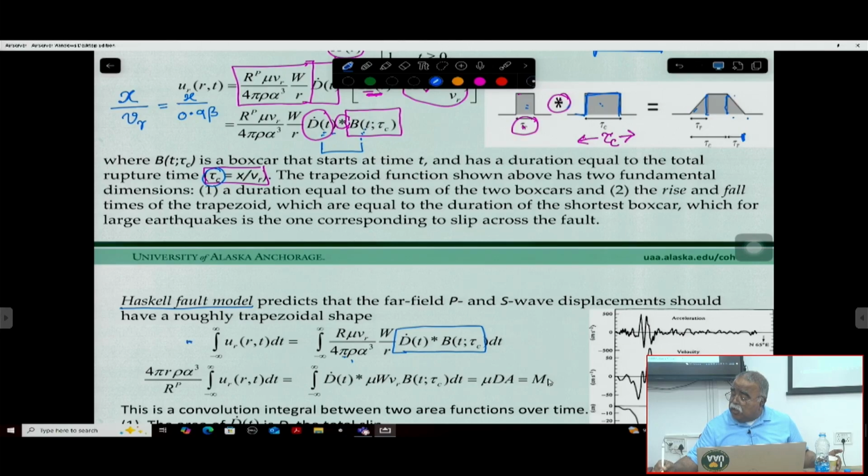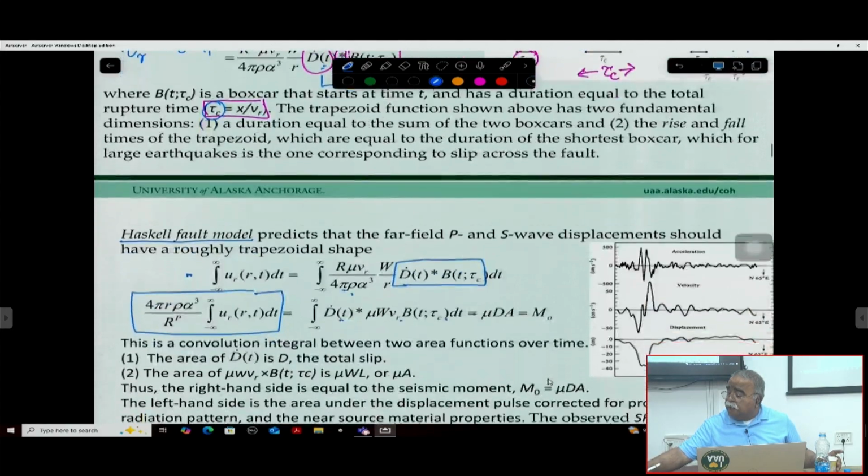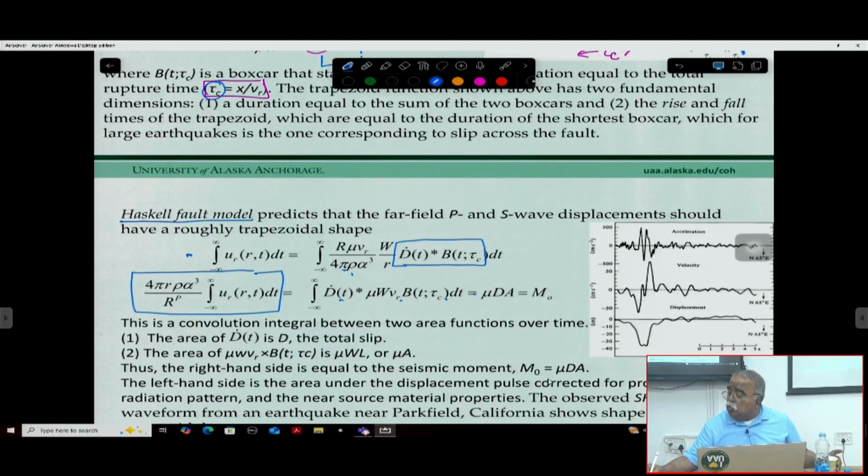So this equation will be equal to this one. So this is your convolution integral of two boxcar functions. If you can say that will be equal to mu dA, so that will be equal to mu 0.